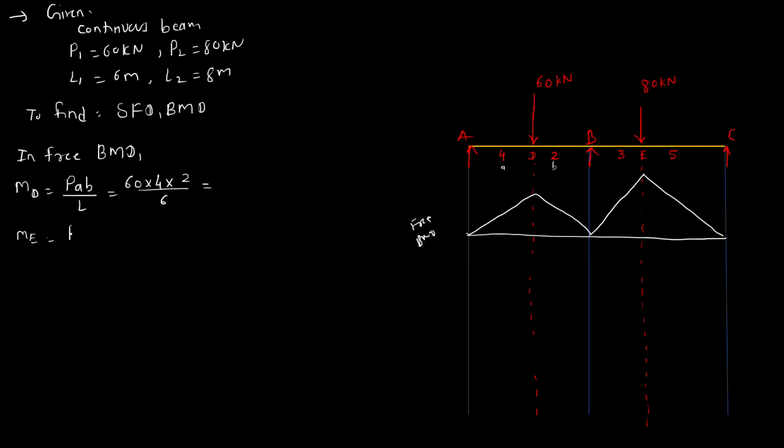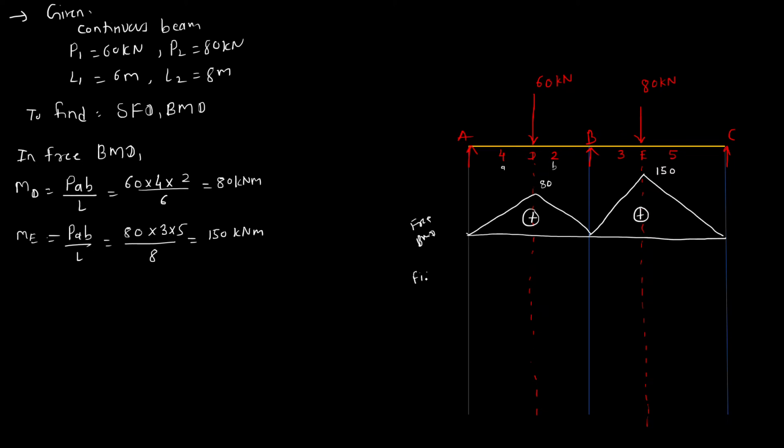Moment at point E is also the same formula, PAB by L. So 80 into 3 into 5 by 8. So the first answer should come as 80 kilonewton meter, and this is 150 kilonewton meter. So this value here is 80 and this is 150, and both these diagrams are positive.